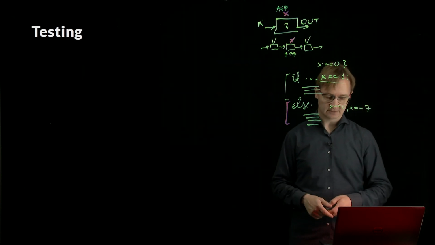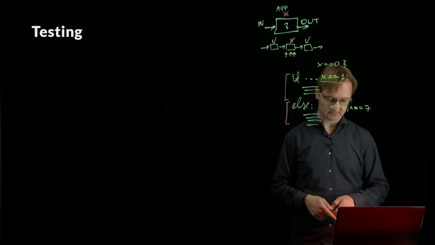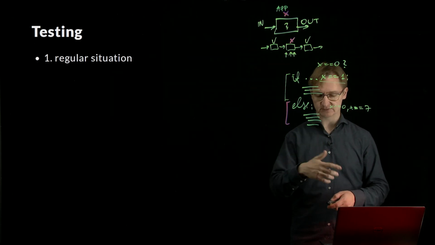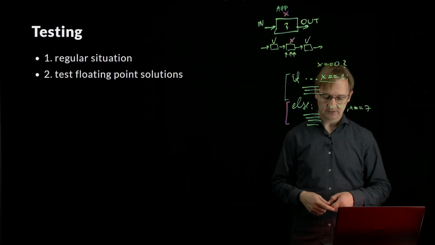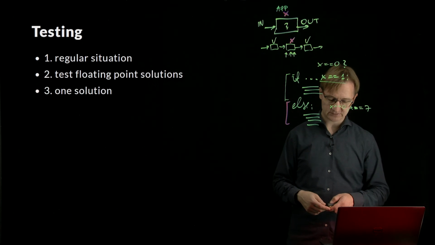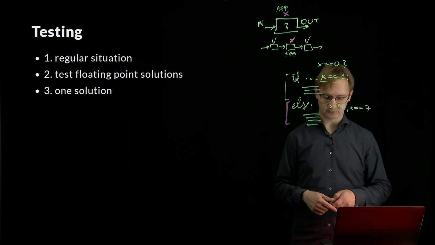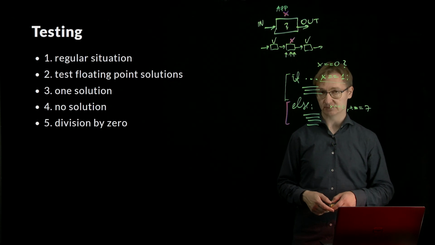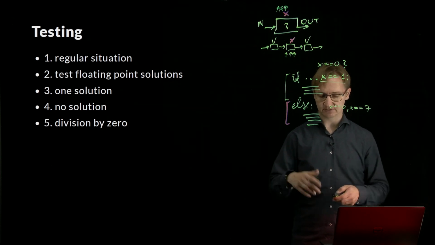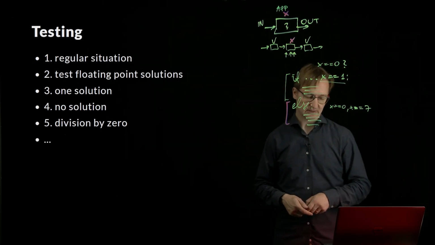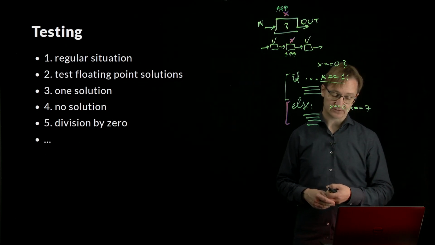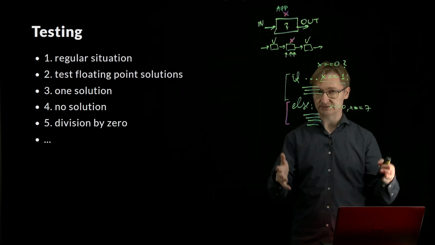So let's conclude. First, we tested the regular situation, then floating point solutions, then one solution, then where there was no solution, and the division by zero case. So we tested different cases, and the thing is that we didn't have specific requirements.